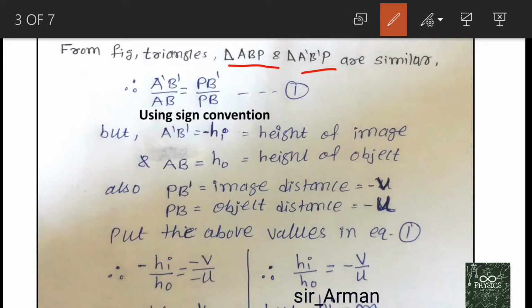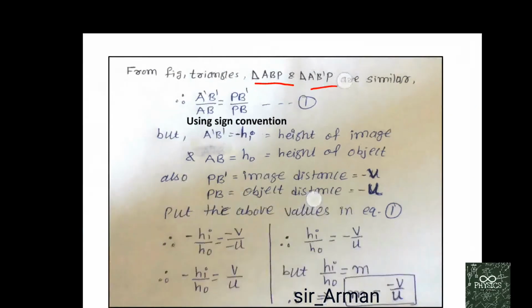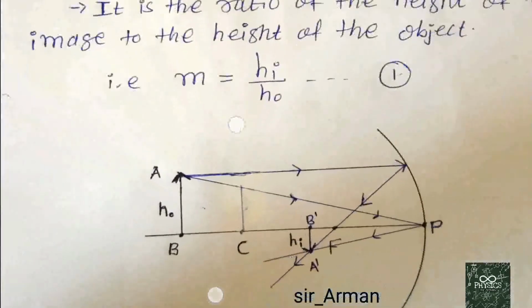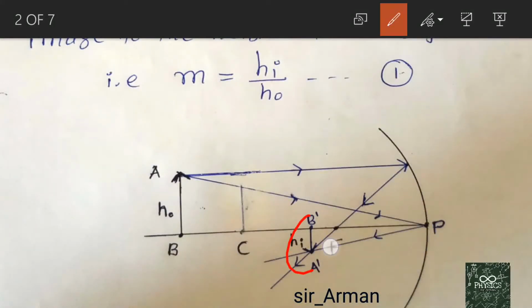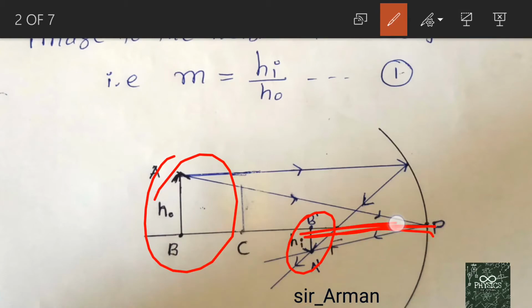So on both sides we have to equate A'B' by AB, which is equal to PB' by PB, these sides, right?